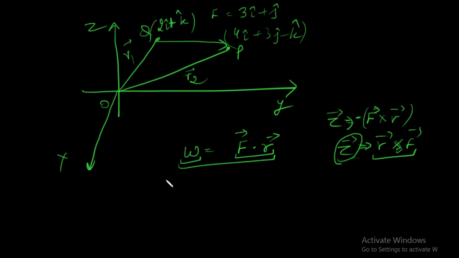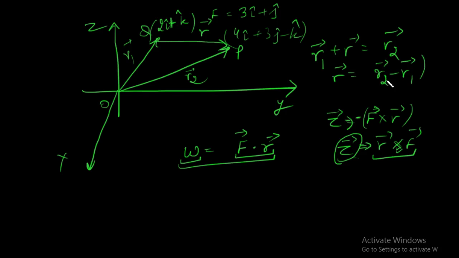Now, work done, this r is displacement. So displacement is from Q to P, right? So now let's see. This is r1, this is r2, and this is r. Alright. So according to the vector triangular law, r1 plus r would be equal to r2, right? So r would be equal to r2 minus r1. This is QP. QP is the displacement of the particle.